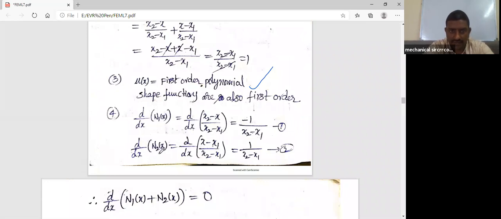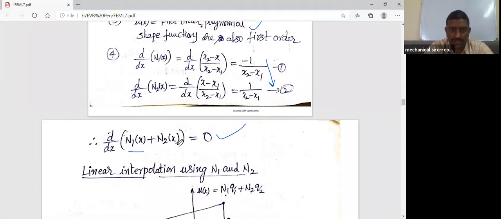And d by dx of N2 of x is 1 by (x2 minus x1). The summation of these two is always equal to 0, so the summation of the first derivatives of the shape functions is equal to 0.